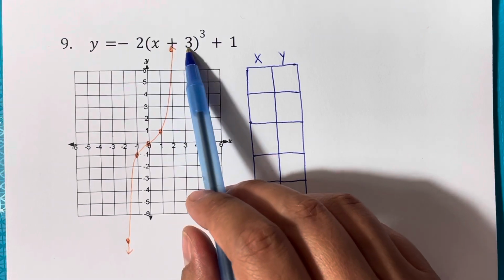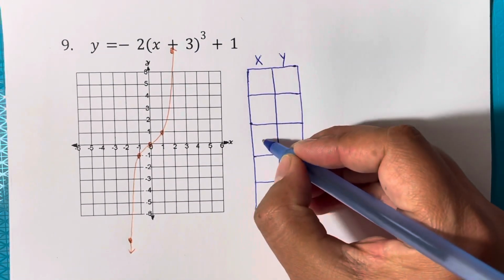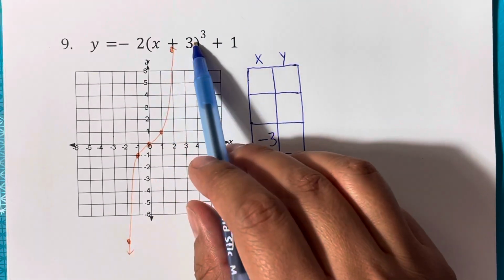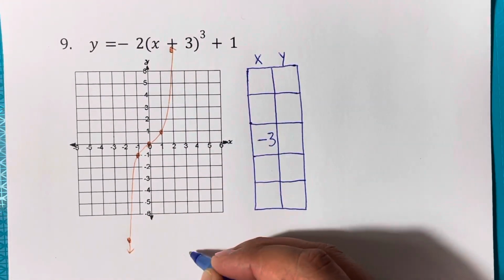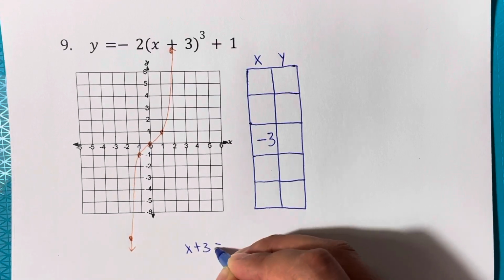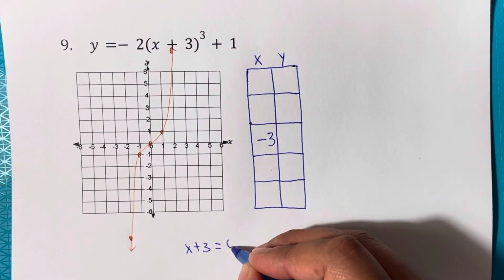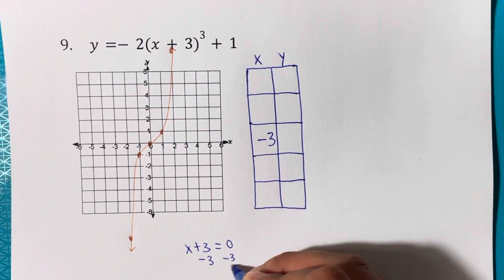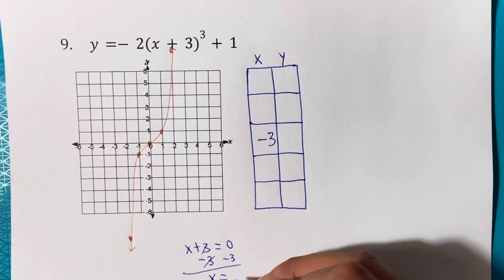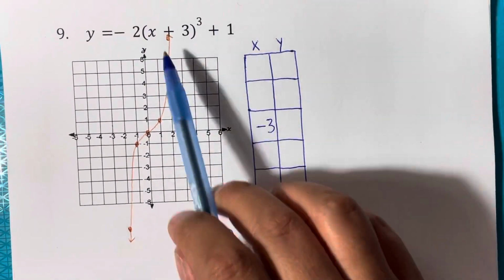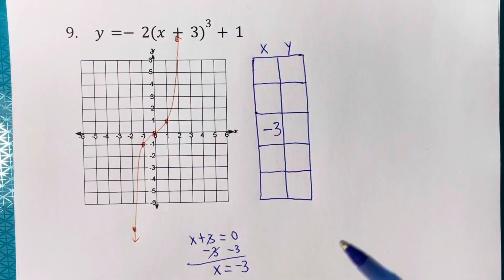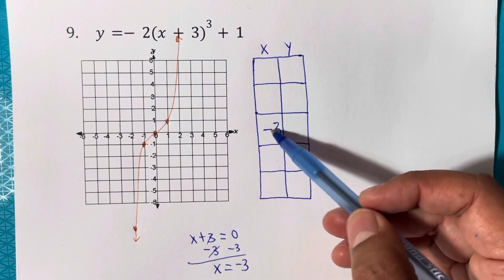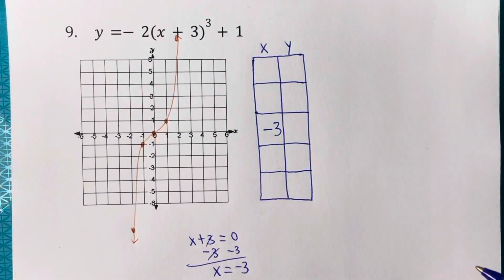If we're adding 3, the opposite is negative 3. Or basically, you just put X plus 3 equals 0. Subtract 3 from both sides, and x is equal to negative 3. So basically just whatever is inside of the parentheses equal to 0, that will be the value for this middle term. And that's for the cubic, okay?